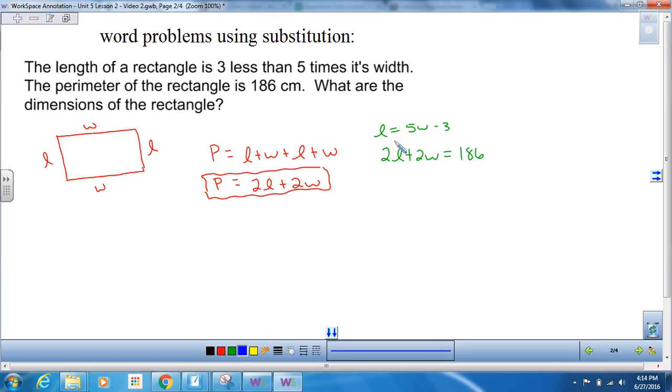Okay, now we're using substitution. So the top equation has the variable by itself, the L equals. So I put this box in for L. There's a 2 out front, so I have to use parentheses. Okay, so we distribute. Combine like terms, so 10W plus 2W is 12W.